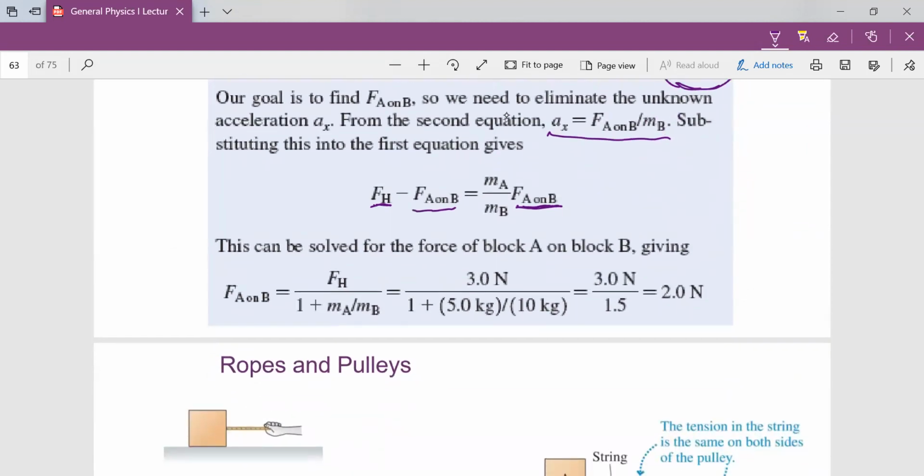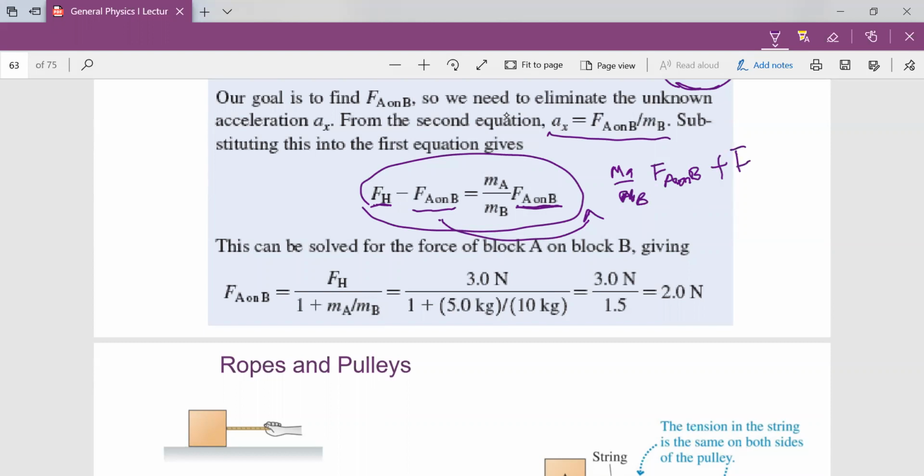So from this equation, we can then solve for FA on B. Now we make this the subject of formula in this equation. How did we arrive at this? Let this one move to this side, such that the minus sign becomes plus. So you have something like this: MA over MB times FA on B has moved to the other side.